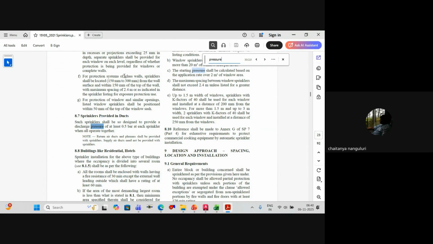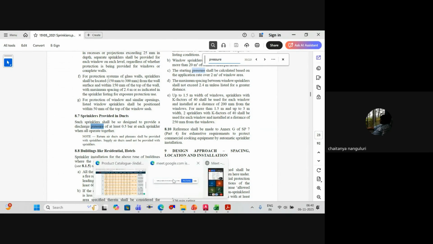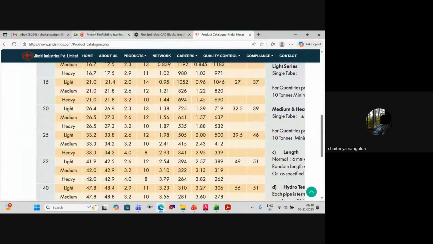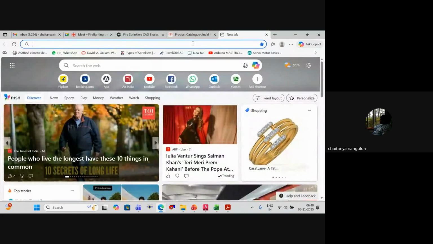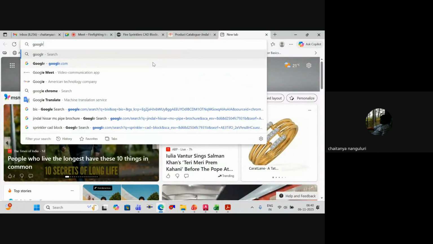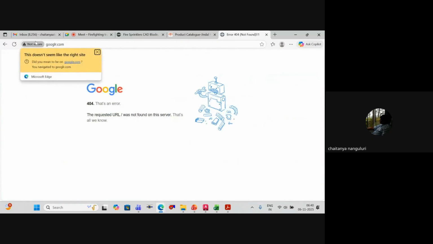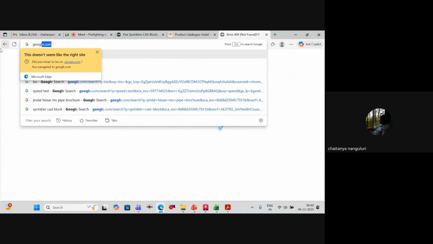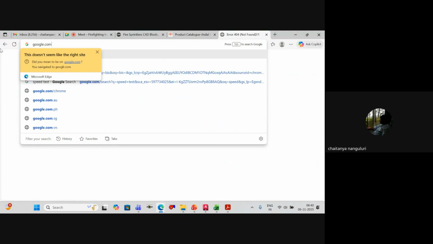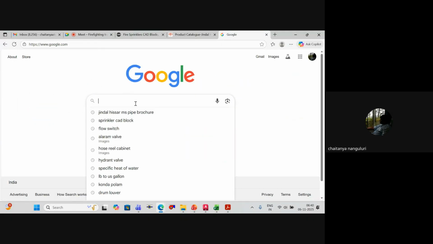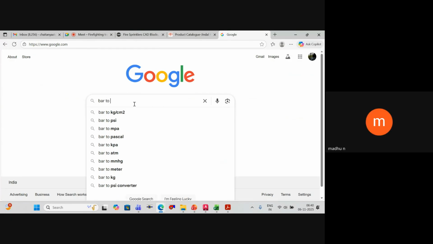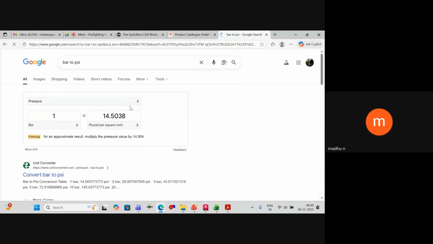A lot of locations it's coming 0.5 bar. NBC says maximum pressure of 12 bar. Yeah, that is maximum. This is 0.5, which is 7.2 psi. 7, I told you, remember?